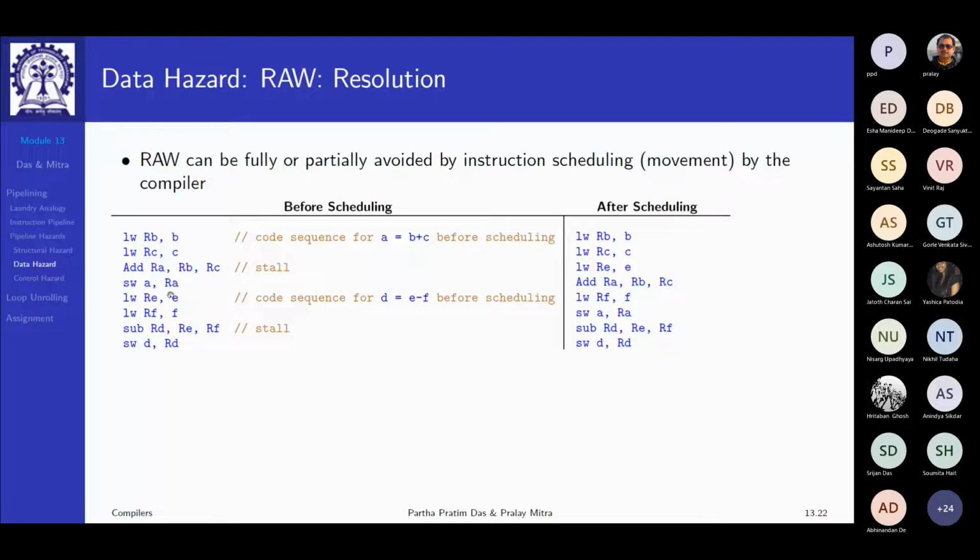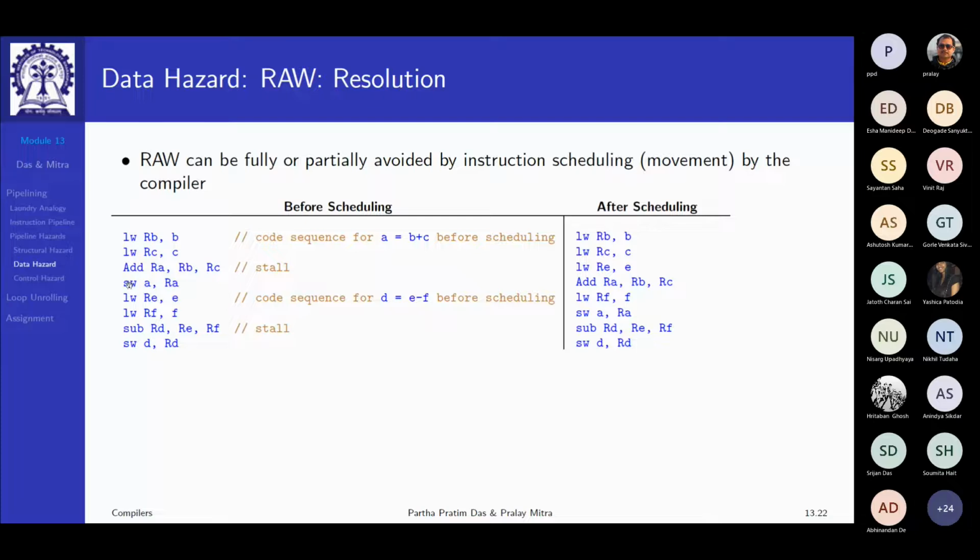But if we look at the load of value E, then this has no dependency with the earlier instruction. So we can move this load of E before add. And as we do that, naturally we have gotten an additional cycle here, so the stall will get minimized. Similarly, after add, when we have to store, naturally there'll be a stall here as well.